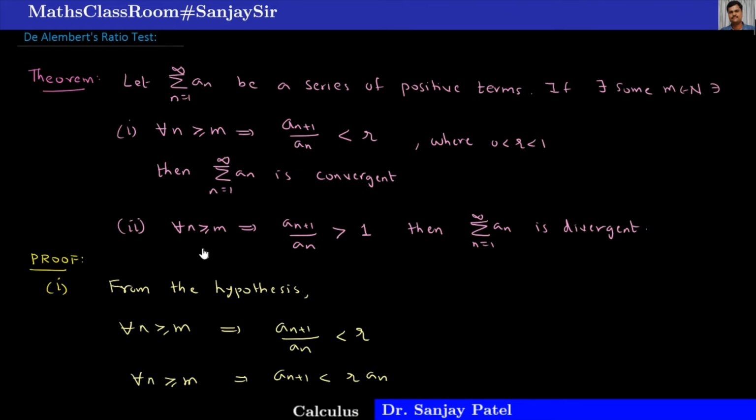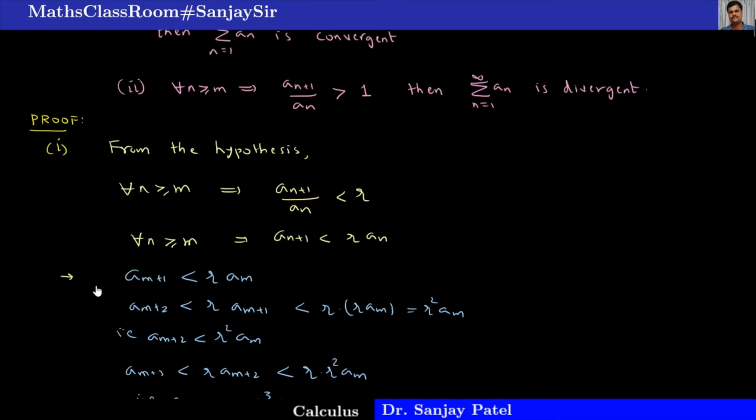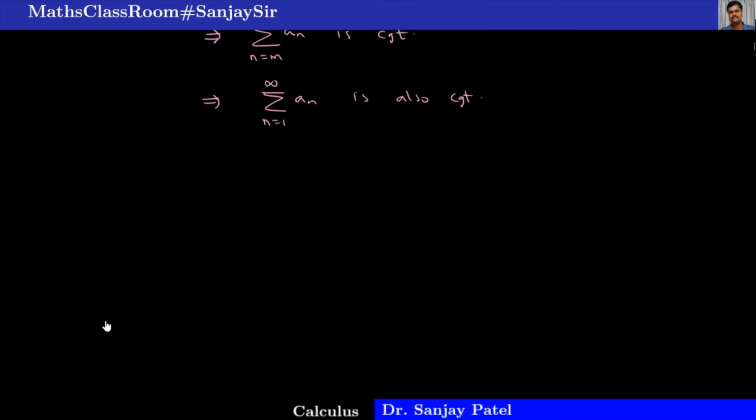Now let us prove the second part. What is the second part? If for some positive integer m this ratio is greater than 1, then sigma an is divergent. So the second part is as follows. Now suppose an plus 1 upon an is greater than 1 for every n greater than or equal to m.